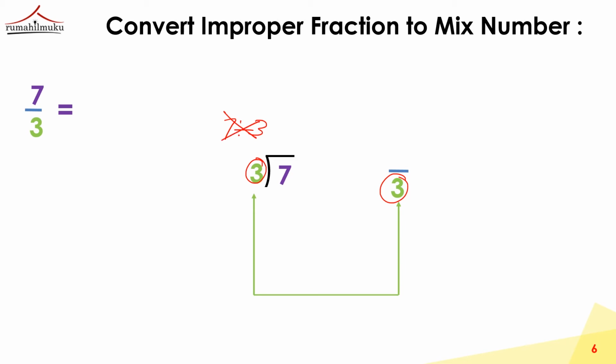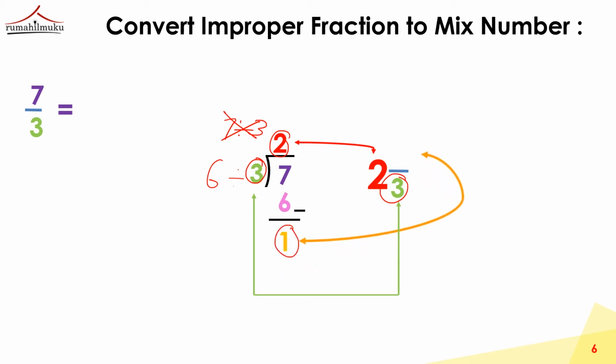The answer is 6. So we need to divide 6 by 3. 6 divided by 3 equals 2, and the number 2 becomes the whole number, and then we need to subtract 6 from 7, which becomes 1, and the number 1 becomes the numerator. So we can conclude that the answer is 2 wholes and 1/3.